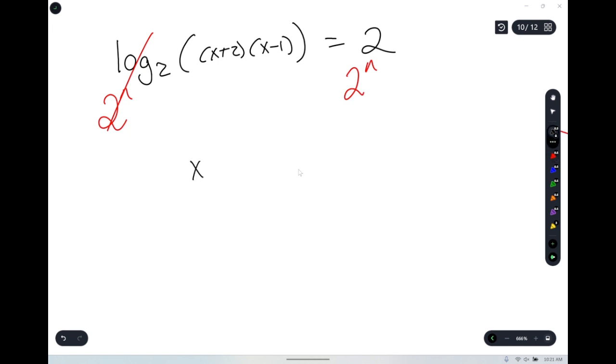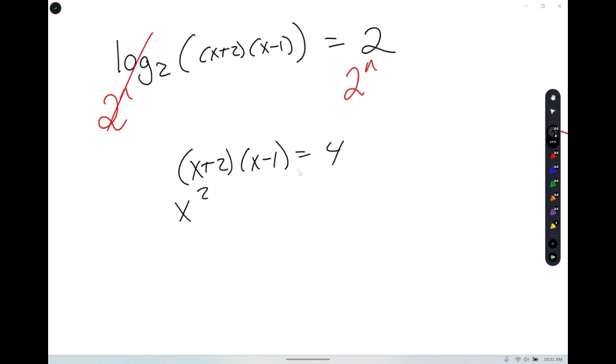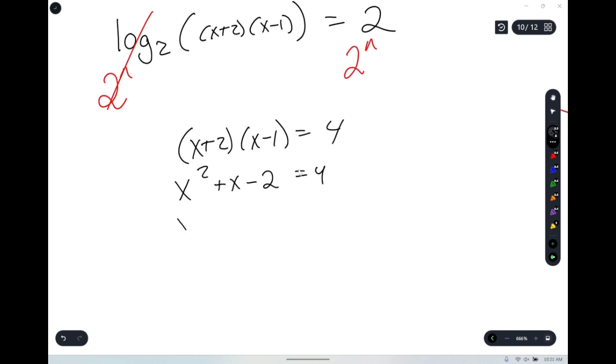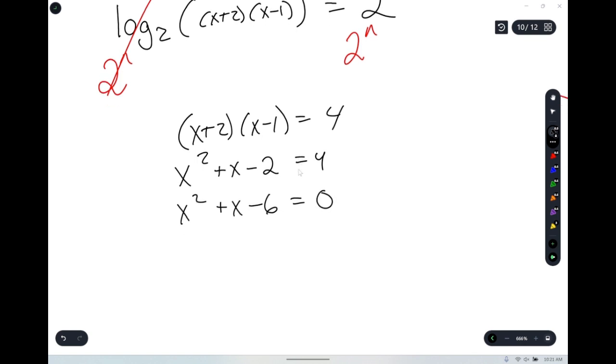We get something like (x plus 2)(x minus 1) equals 4. I think we need to FOIL. x squared plus x minus 2 equals 4. x squared plus x minus 6 equals 0. (x plus 3)(x minus 2): x equals negative 3, x equals 2.